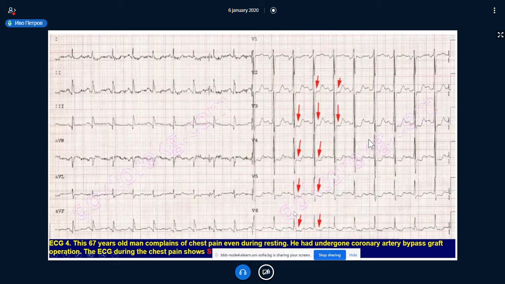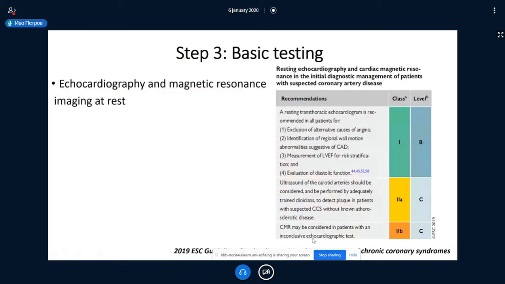Again, with very prominent ST depression, you see in V3, V4, V5, V6, quite a large zone of ST depression. So, the second step after the ECG is, of course, in order to decide what is the abnormality of the wall motion of the left ventricle, the echocardiography.